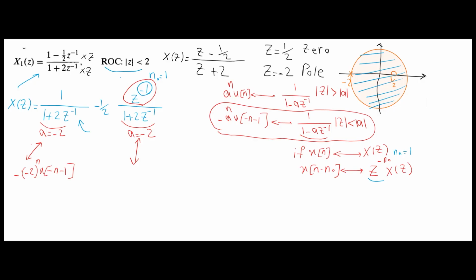Applying this property, the inverse z transform of the second fraction becomes minus 1/2 multiplied by (minus 2) to the power n minus 1, multiplied by u[minus n].